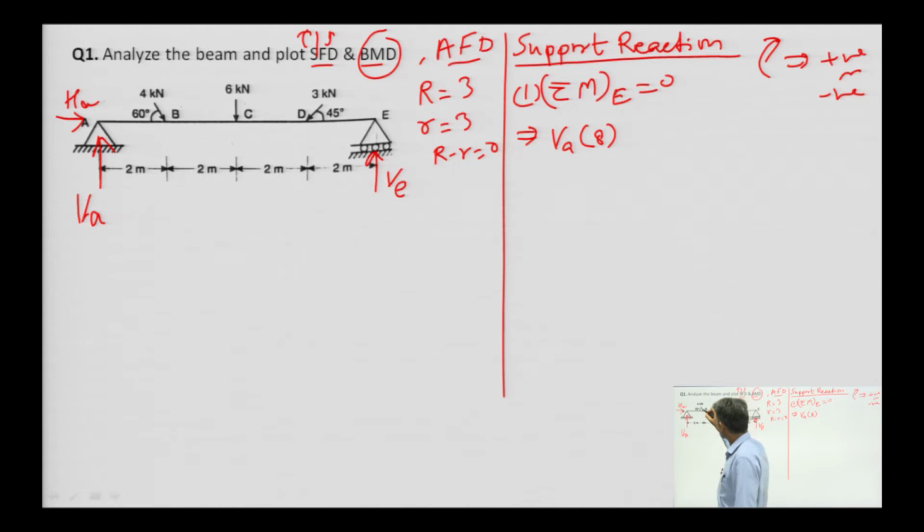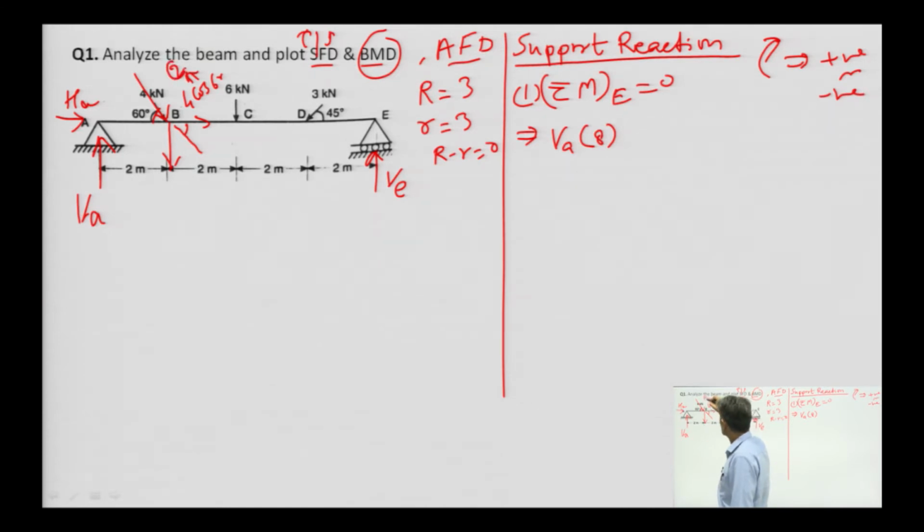Next, what will be the moment of this force? This 4 kilonewton force is inclined, so it will be resolved into two directions. This angle is 60 degrees, so this component is 4 cos 60, which means this value is 2.